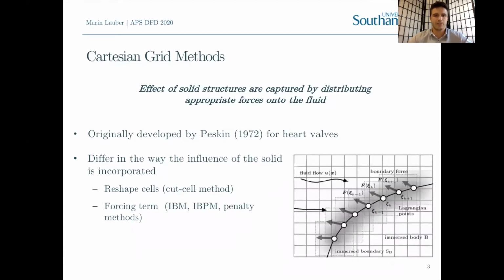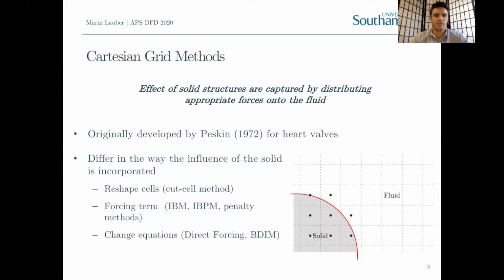The second method provides this forcing via a reaction force from the solid onto the fluid. This reaction force can be obtained from a constitutive law or a basic feedback type method. Finally, the last type are methods where you change what equation you're solving locally, whether you're in the fluid or the solid. This is basically the idea behind direct forcing or the boundary data immersion method.